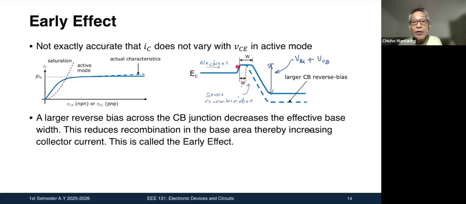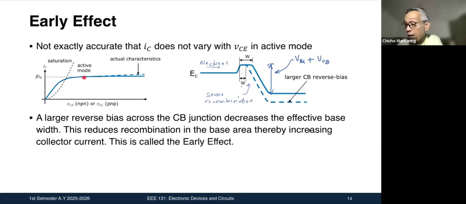Now, if the effective base width is smaller, you will have smaller recombination, and therefore your alpha will be larger. Your base transport factor will be larger. If your base transport factor is larger, your collector current will be larger.